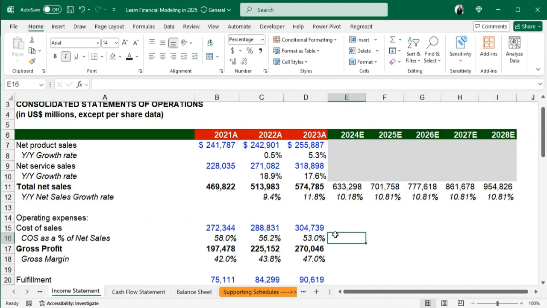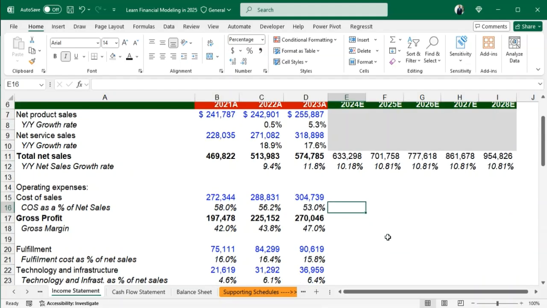Now let us look at how we can forecast these expenses, starting with cost of sales. There are several acceptable methods to do this. The first one is to take an average of our historical ratios.